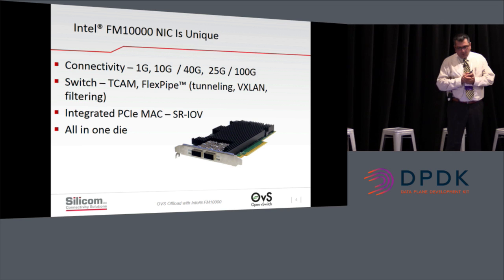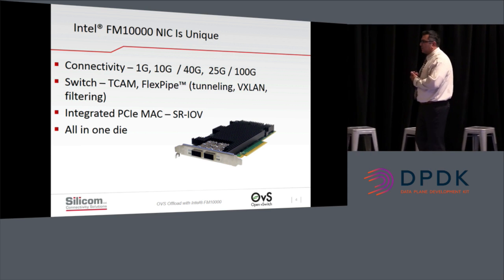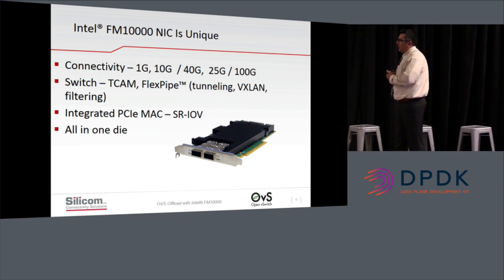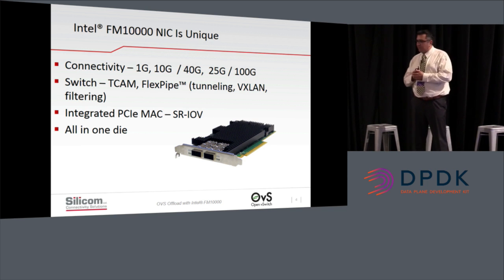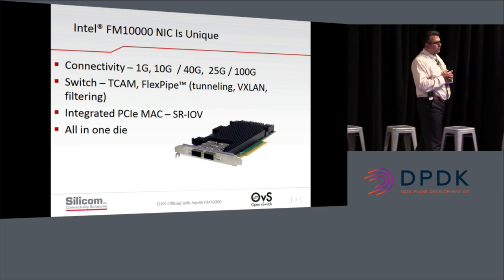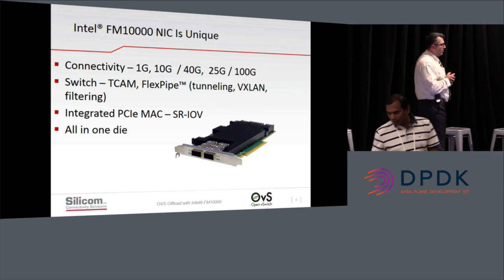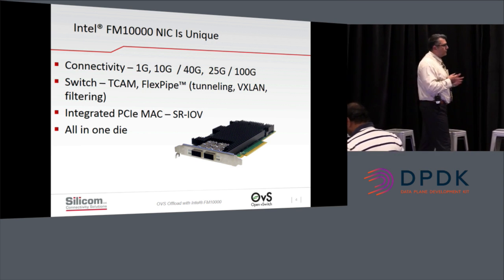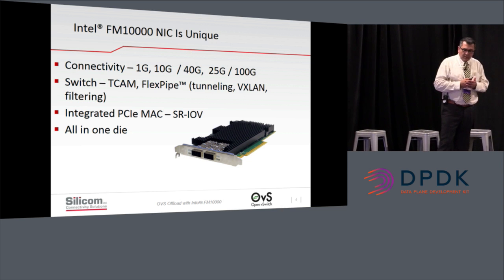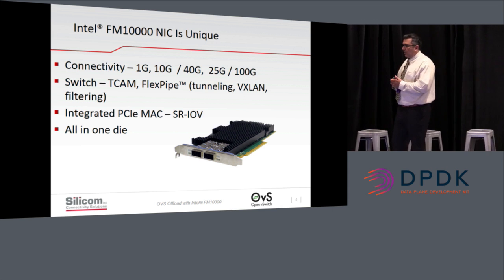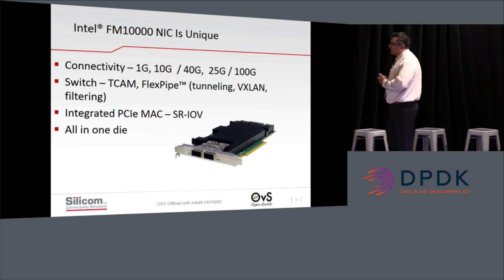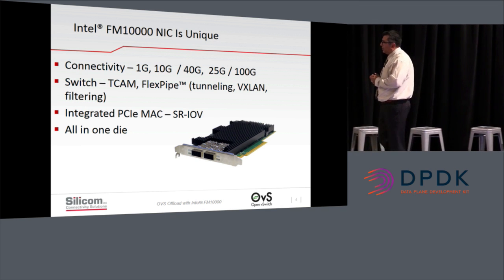So, what makes it so unique? First of all, it's a network device. It's a NIC, so it has links, it has PHYs, but it has a very large number of serdes, not PHYs, where we could create 10, 25, 40, and up to 100 gigabit links.